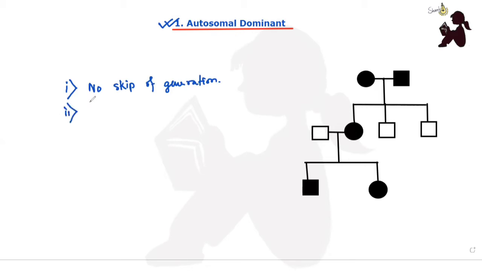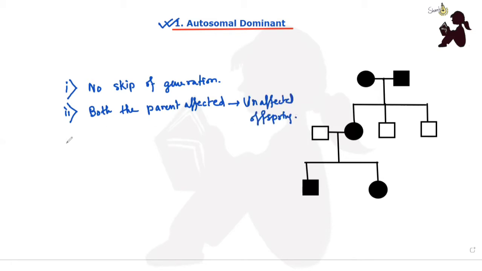Then the second thing is that when both parents are affected, they may produce an unaffected child. And another thing is that males and females are almost equally affected.